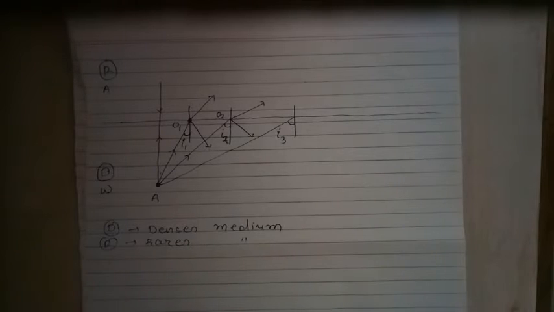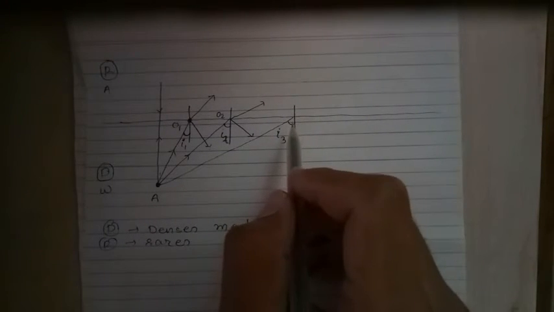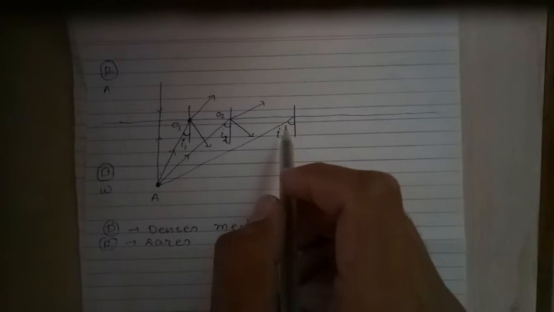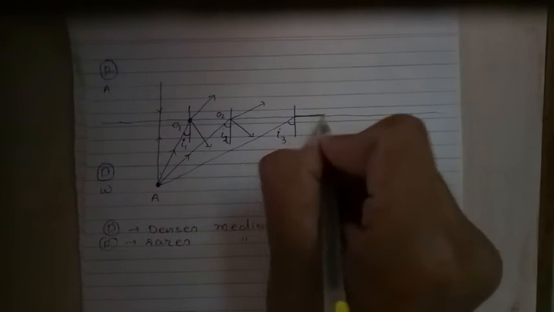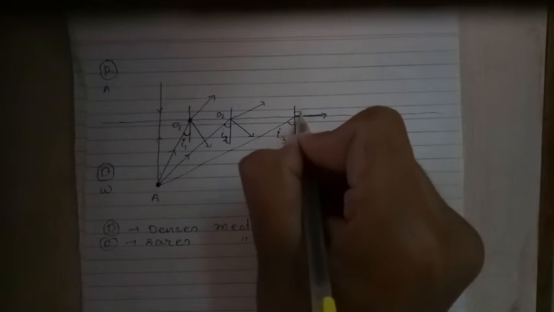This is the reflected ray. Now we again increase the angle of incidence like this, I3. But at some value of the angle of incidence, the angle of refraction is 90 degrees like this.